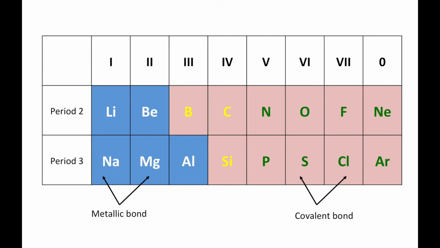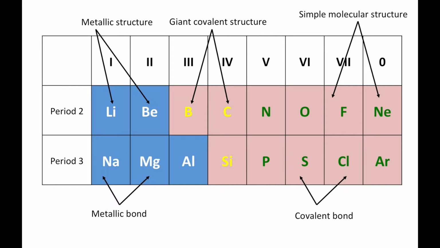The elements with white letters form metallic structures, the yellow letters form giant covalent structures, and the green letters form simple molecular structures. So, except for several examples, for example boron, carbon, and silicon, we can conclude that almost every element in the non-metals section will form a simple molecular structure.